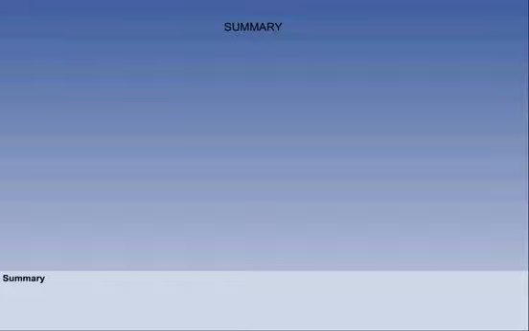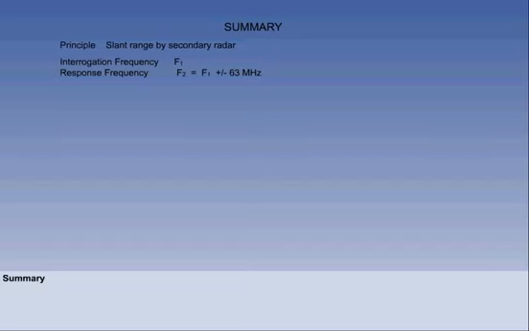Let's summarize this lesson. The principle of DME is that it measures slant range by secondary radar, that is, transponder technique. The aircraft transmits on an interrogation frequency, and the response frequency differs by 63 MHz. The frequencies used are 962 to 1213 MHz in the UHF band at 1 MHz spacing.